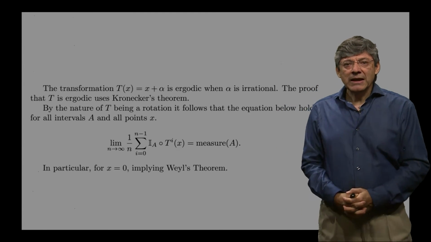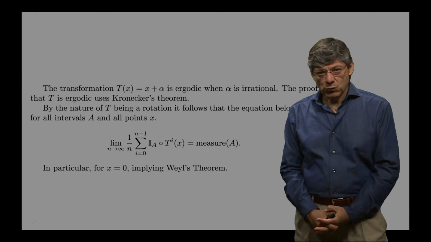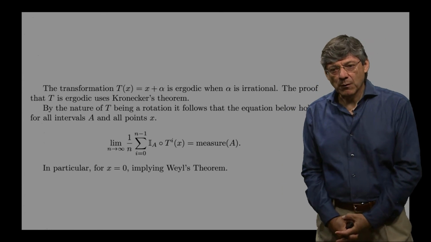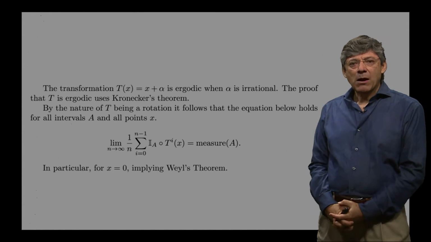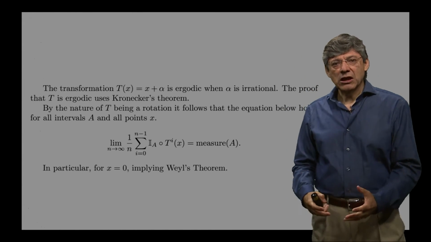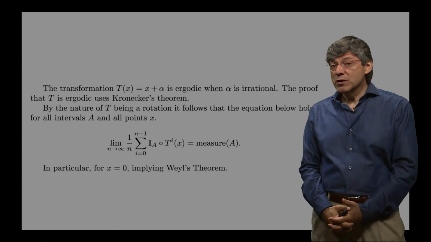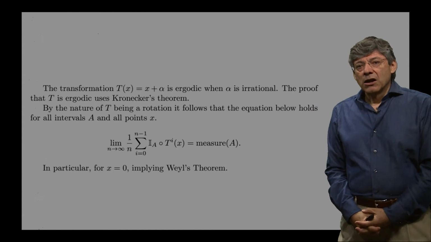Let me leave you now with a question as we end this last part of our presentation. We have seen that there exist infinitely many powers of 2 that start with a 6, and in particular any powers of 2, since log 2 is irrational. We know that there exist infinitely many powers of 2 that start with a 9. There exist infinitely many powers of 3 that start with a 9.